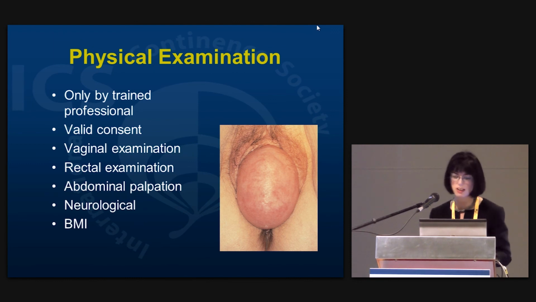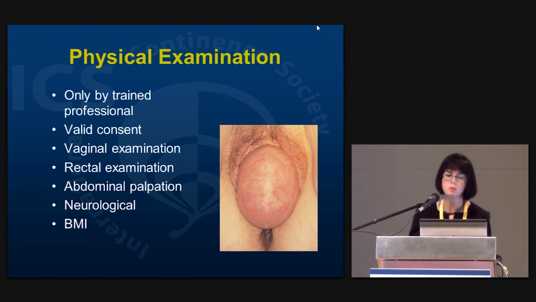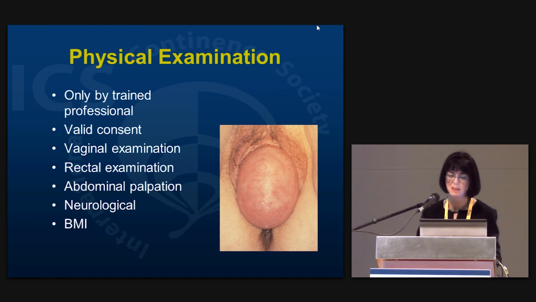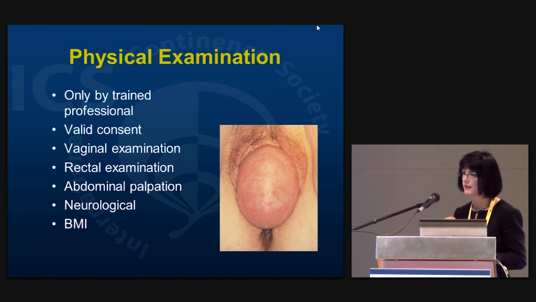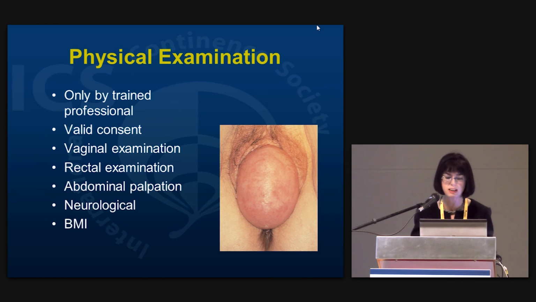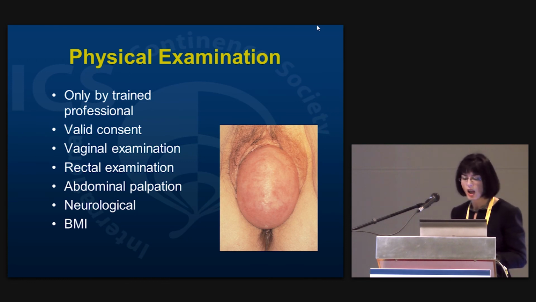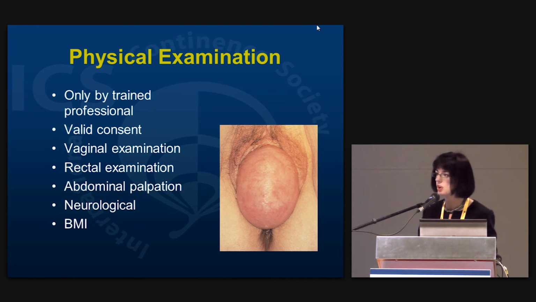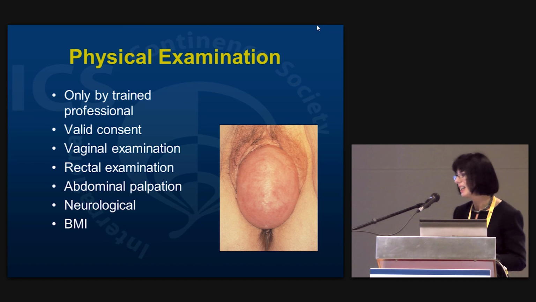The physical examination may not be done by you or I in some cases, but we have to be trained in this area and competent. We need to seek valid consent, and it's really important to check the vagina for any signs of prolapse or any signs of lack of estrogen, any skin changes, any dermatitis that influences our understanding of their level of incontinence, rectal examination, abdominal palpation, checking neurology for any change in neurological status, and BMI.